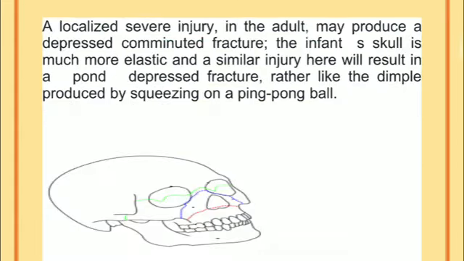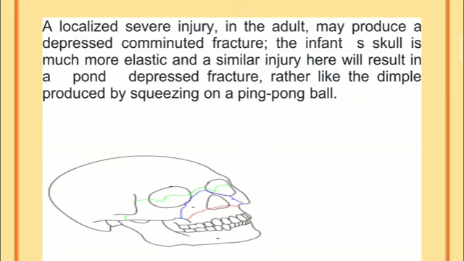The fracture line passes through less resistant areas, particularly the middle cranial fossa, the pituitary fossa, and the various basal foramina. When there is a localized severe injury in an adult, you could have a depressed comminuted fracture. The infant skull is more elastic, and such a localized severe injury results in a pond depressed fracture.